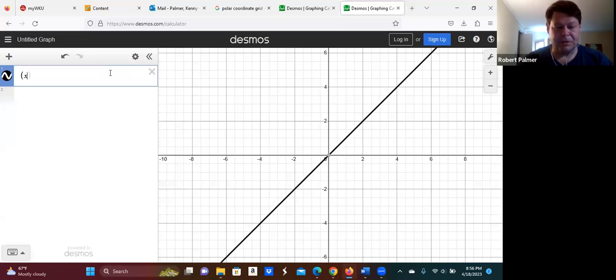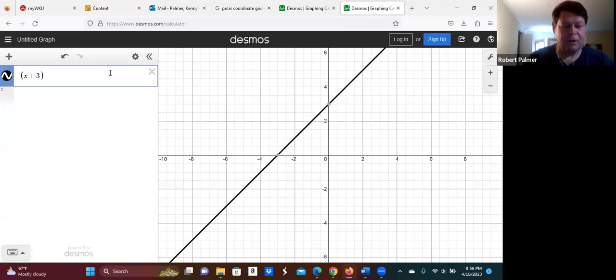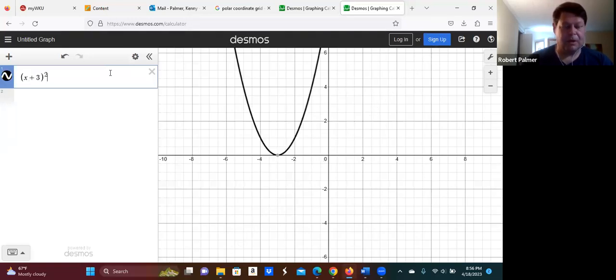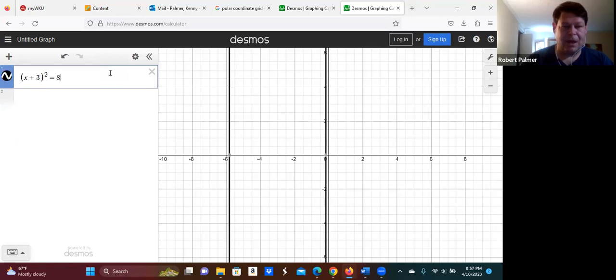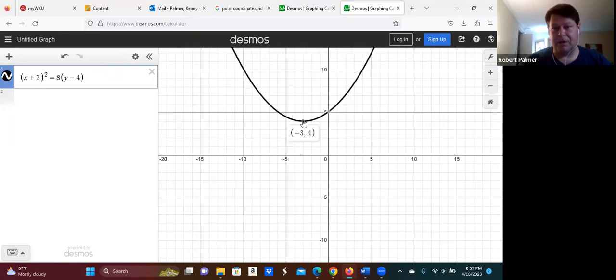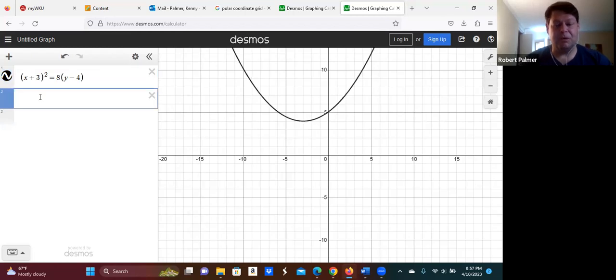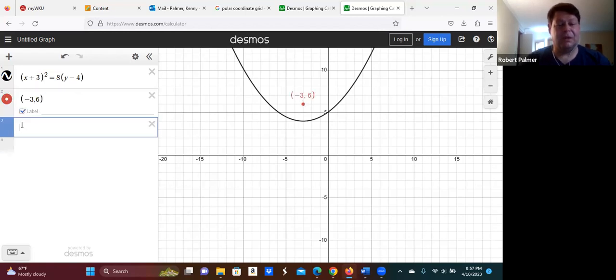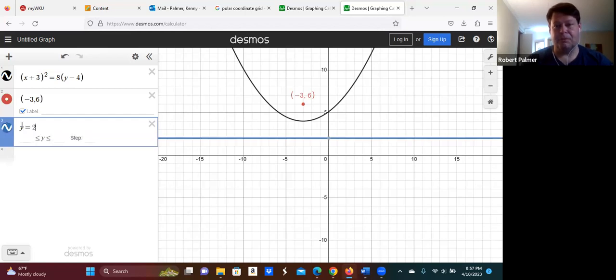So we have x plus 3 quantity squared is equal to 8 times y minus 4. And right, so our vertex is there at -3, 4. Our focus will be at the point -3, 6. That's our focus. And then finally, our directrix is the line y equals 2.